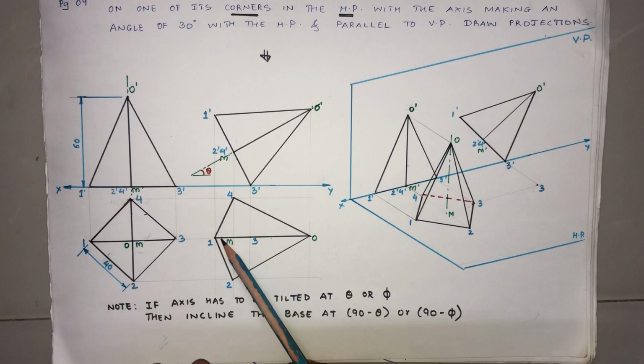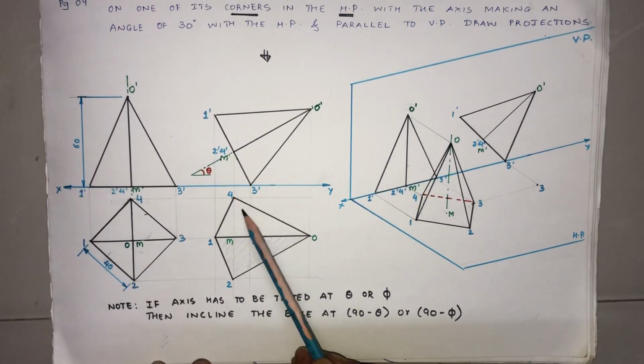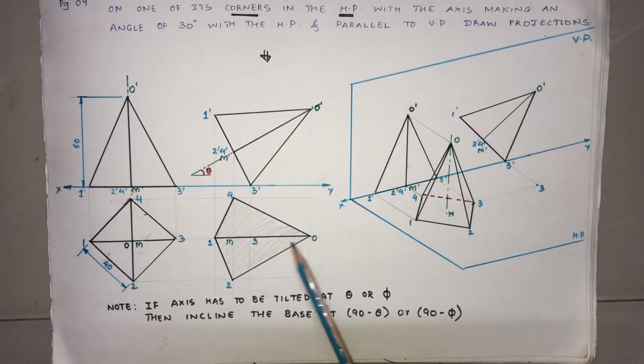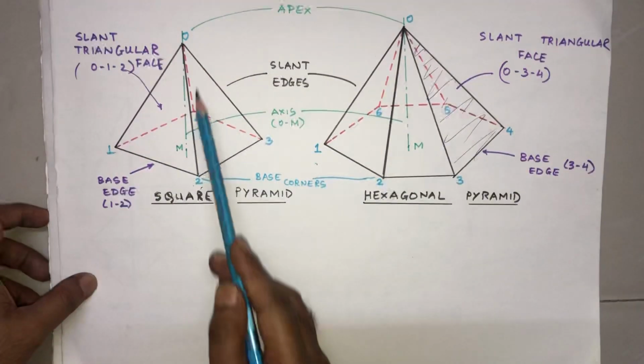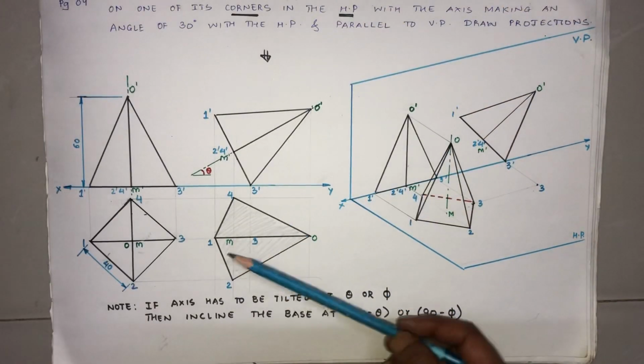This was O12, a slant triangular face. And very adjacent to it, I have O14.